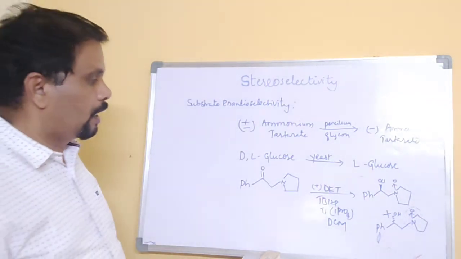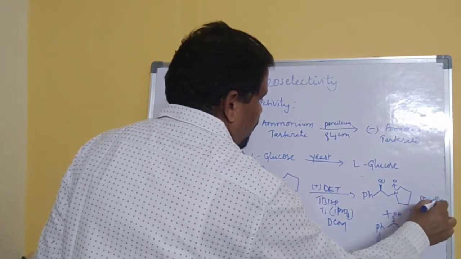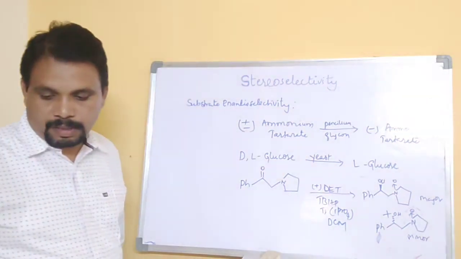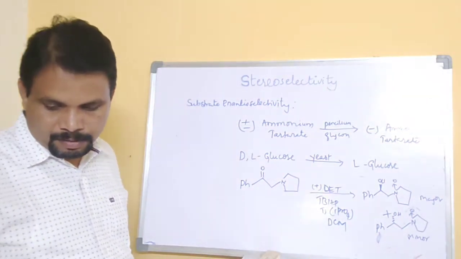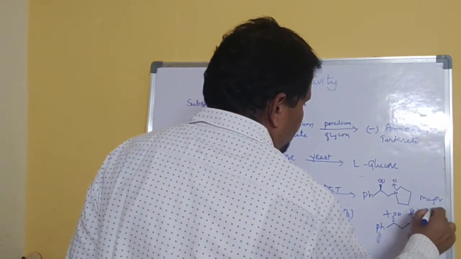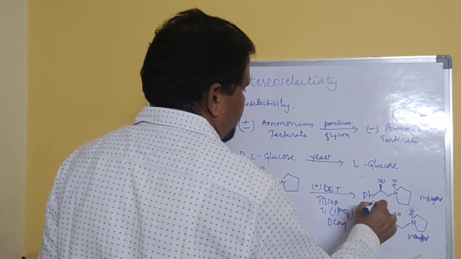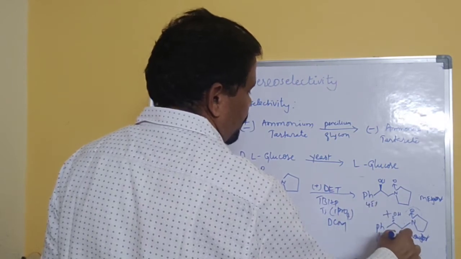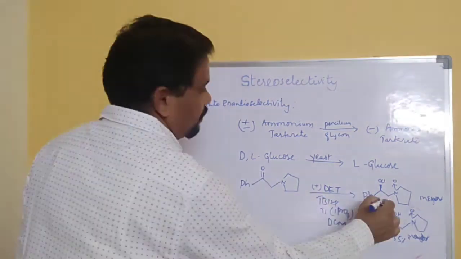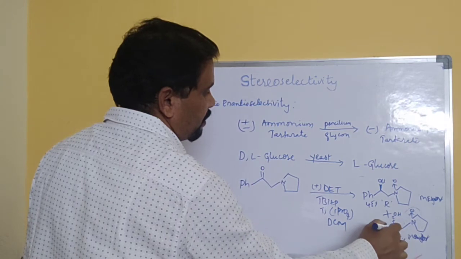Okay, this is major and this is minor. So what are the configurations? Sorry, this is major and this is minor. This is 45% and this is 55%. So this is R configuration and this is S configuration.